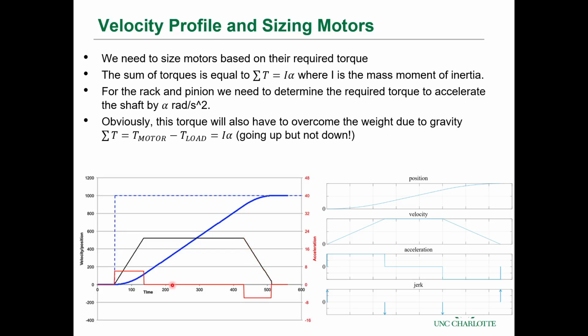What that means is that in the beginning we have a constant acceleration. If we integrate this acceleration, we'll get this velocity, and if we integrate that velocity, we'll get this position shown in blue. And this is your typical velocity profile.